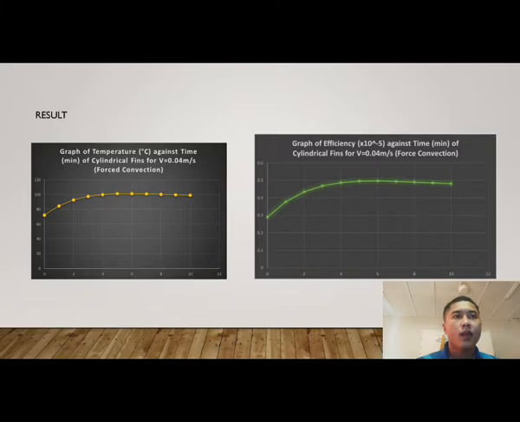And the right shows the graph of efficiency against time of the cylindrical fin for V equal to 0.4 meter per second for forced convection. Okay, when time increases, the efficiency for V equal to 0.4 meter per second also will increase.